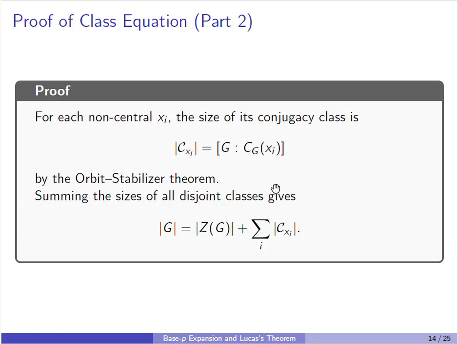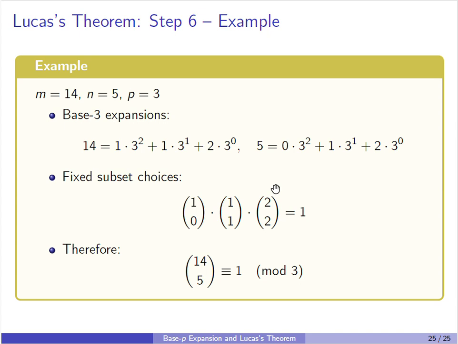But before I actually go into proving it, it would be nice to compute an example so you can see. So let's say M is 14 and N is 5. So 14, as you can see, we're looking at base 3, so P is 3. The highest power of 3 which is less than 14 is 2, so that's 9. There is only one 9 in 14, so we have 1 times 9, and the remainder would be 5.